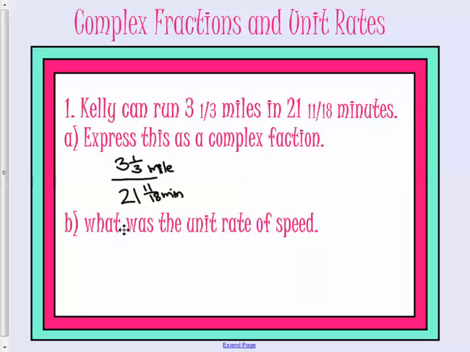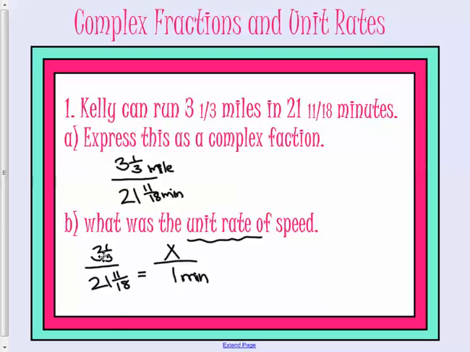If we want to know the unit rate of speed, then we need to take this complex fraction and compare it if the fraction on the other side would be 1 minute. So we want to know how far she would go in 1 minute. Remember, for unknowns, we could make a question mark, but now in math, we'd make an X or any variable.